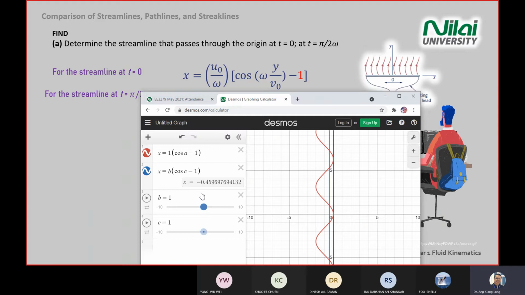So you know that u naught over omega is something that you can calculate when the question gives you some numbers. U naught can be given some number, omega is also some number, so you can calculate a certain number. Let's say the number of u naught over omega is 1, then you stop at 1. You can straight away use the first equation.